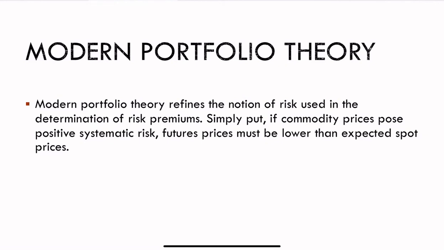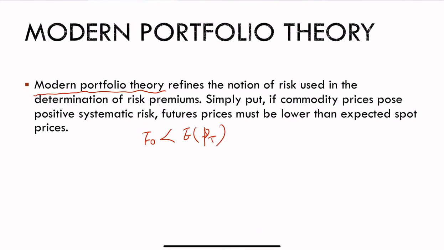So basically, you can see that under modern portfolio theory, we will have F0 smaller than expected spot price. So here you can see that modern portfolio theory and this normal backwardation have the same predictions on how futures price and expected spot prices are related. So let's see how can you get this result.